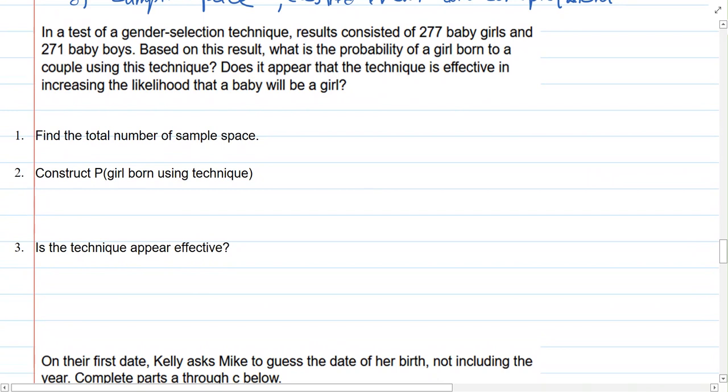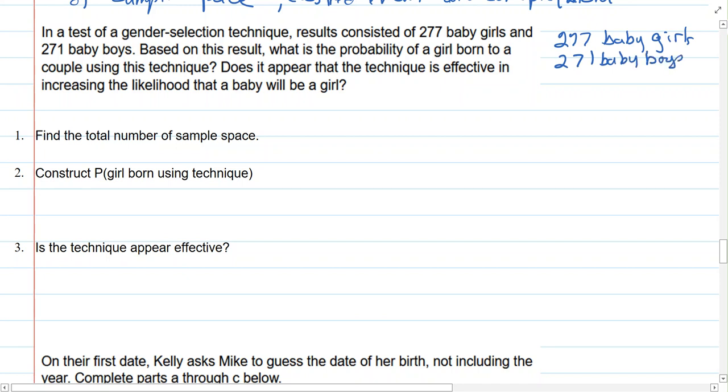In a test of a gender selection technique, results consisted of 277 baby girls and 271 baby boys.